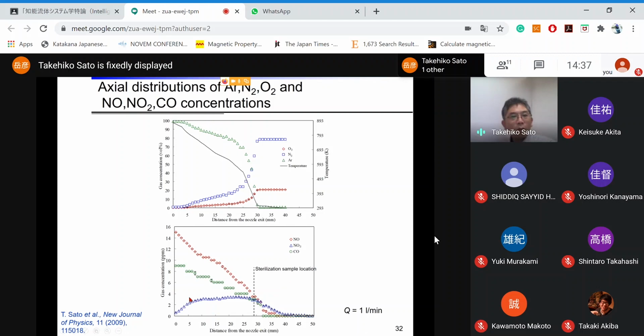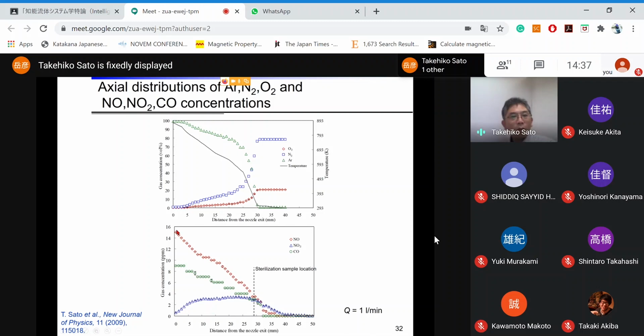Okay, so it's also the sample location. This is the nitrogen oxide, the NO case, this is the NO2 case and the CO case.